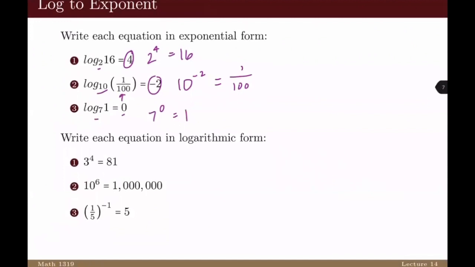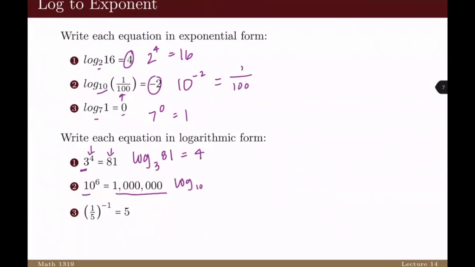Let's try and go the other way. So we'll have log. Our base here is 3. Our number is 81, and it's equal to the exponent, because the exponent is 4. All right, number 2, log base 10.